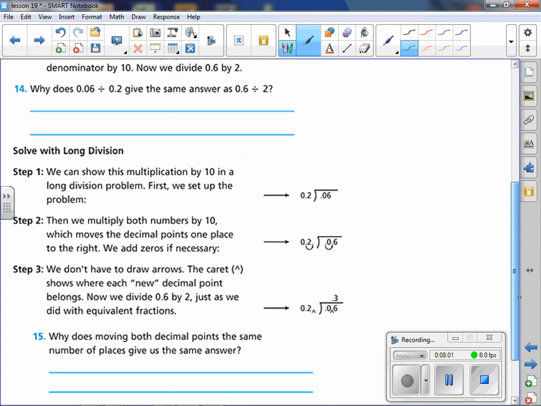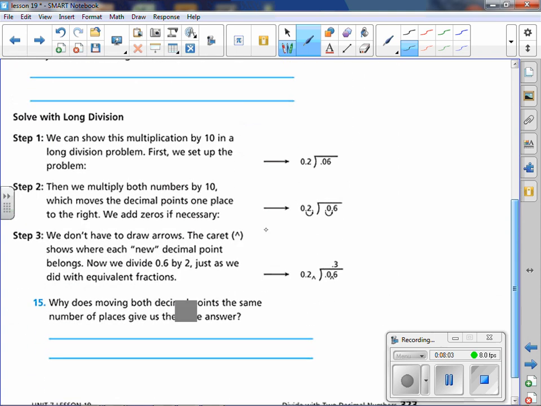Okay, so then let's talk about solving it with long division. Again, you can use this method where you just move the decimal over. Okay, so you show it out, you move it over on each one. You always want to get this to being a whole number. So it's really important that you actually do this step. Take that decimal, move it over. It makes the whole problem make better sense. You don't need the underneath to be a whole number, just the divisor.